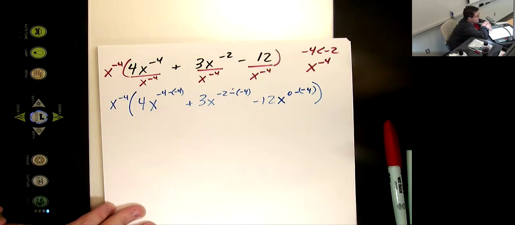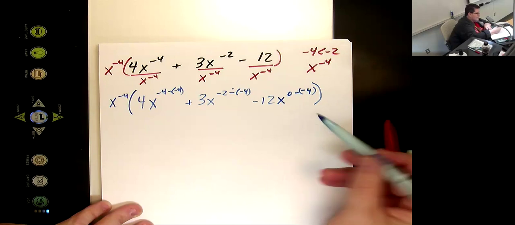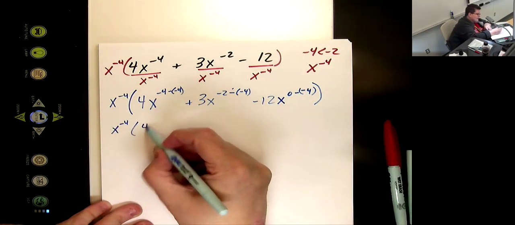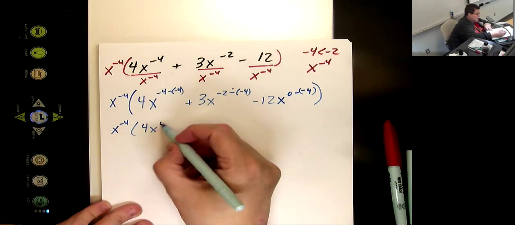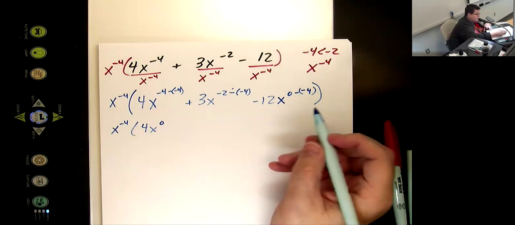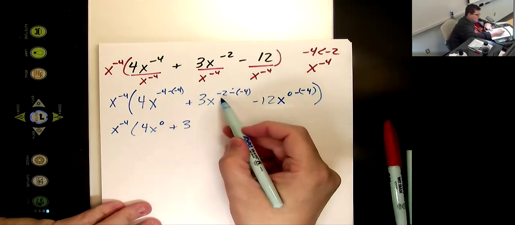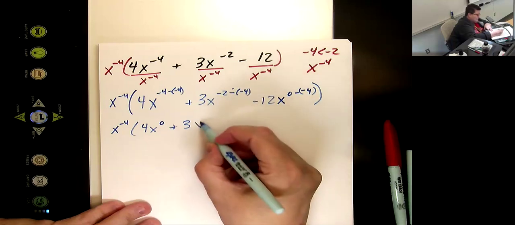Does that make sense so far? See how this isn't as intuitive? So we have x to the negative 4. Negative 4 minus a negative is plus. This ends up being 4x to the 0. Negative 2 minus negative 4 is negative 2 plus 4, which is 2.